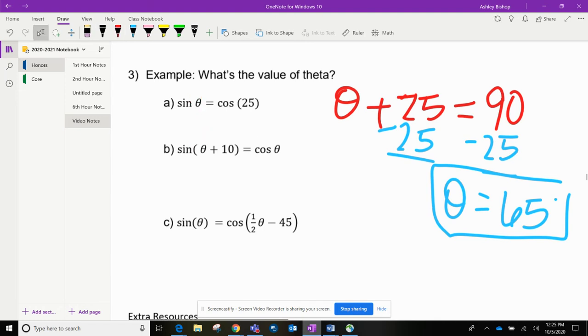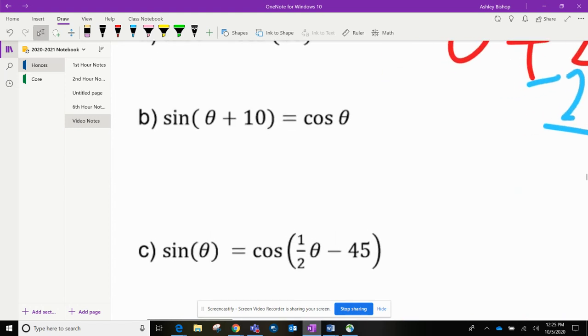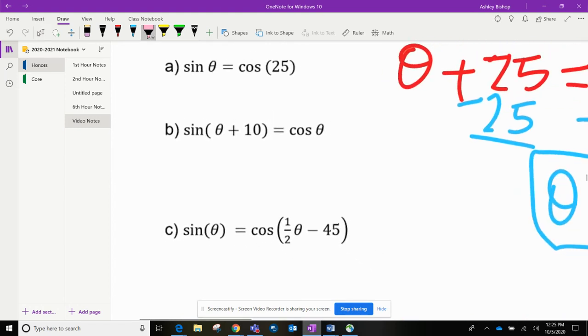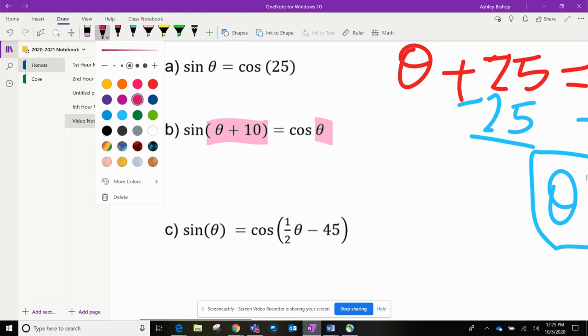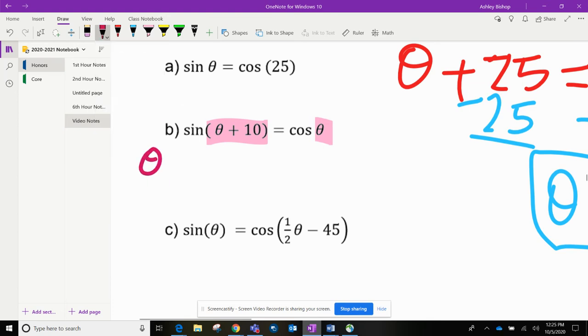Same thing though. Don't be afraid that I added plus 10 here. You know that this angle plus this angle needs to equal 90. The angles are not equal, they equal 90. So theta plus 10 plus theta, this angle plus this angle equals 90.